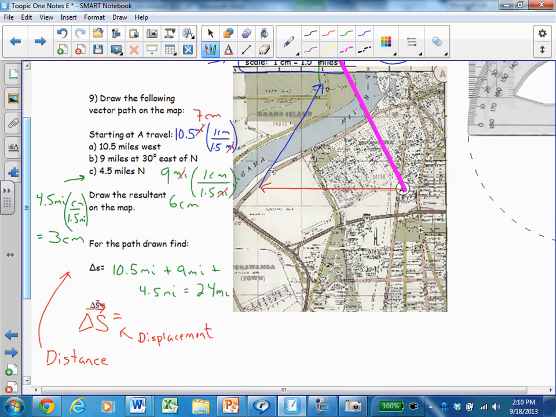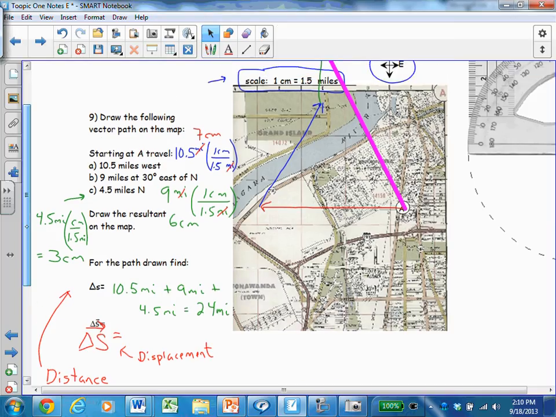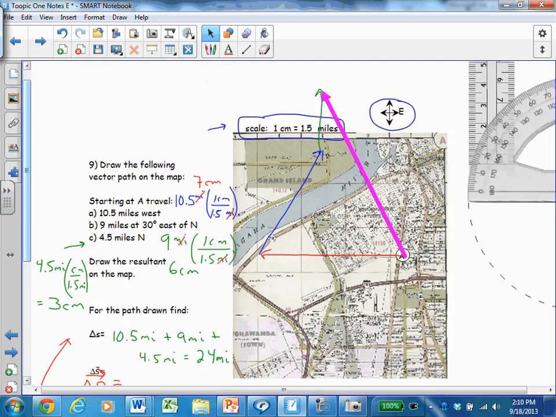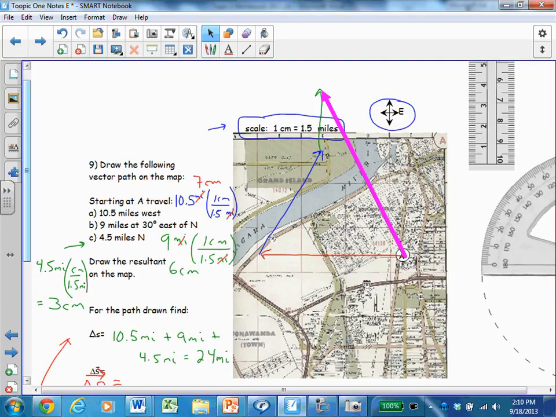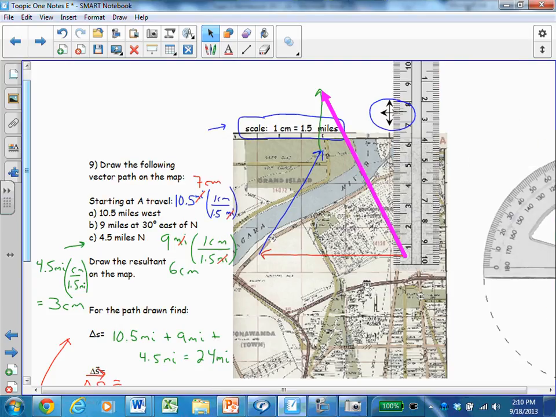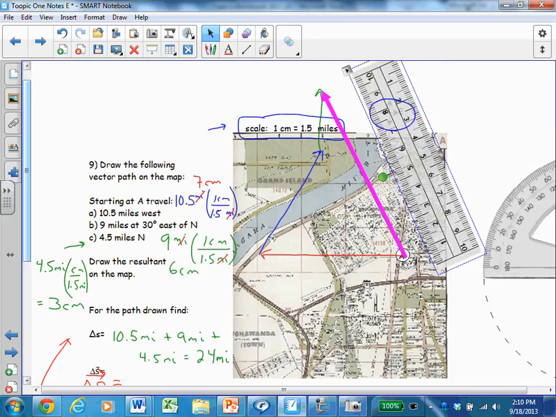The displacement has both a magnitude and a direction. The magnitude we're going to get by measuring the length of this purple arrow. This is the displacement. Purple is the displacement. We take our ruler first and put it on there.